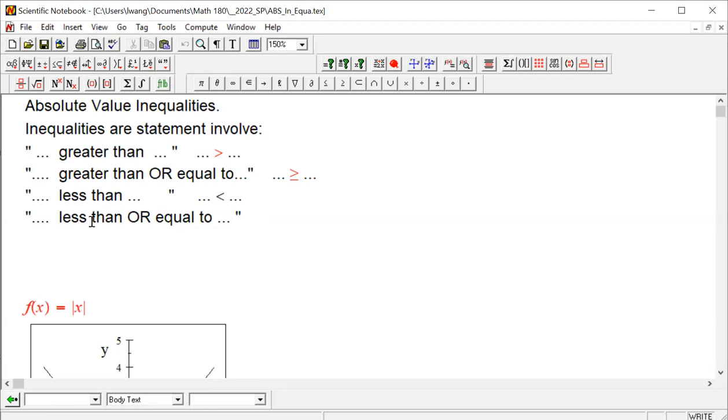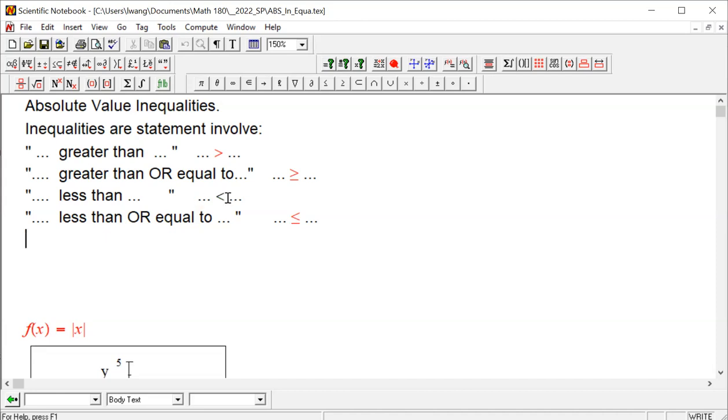The respective symbol would be less than or equal to. And there's another one. I have greater than or equal to and less than or equal to, and the other case is not equal to. Something is not equal to something else.